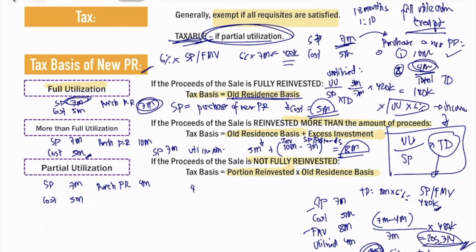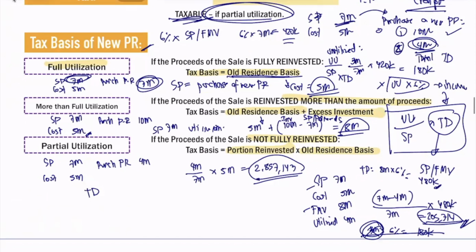So we reinvested only 4 million out of the 7 million multiplied by 5 million. So 4 over 7 times 5 million. Our tax basis now, therefore, is 2,857,143.